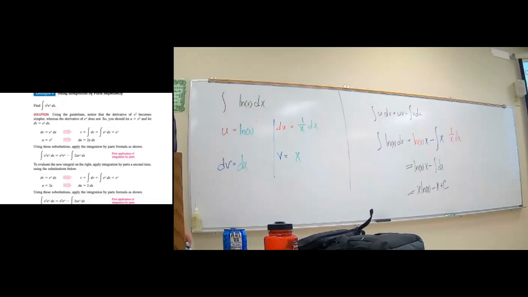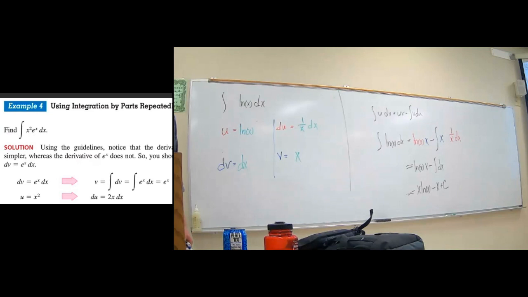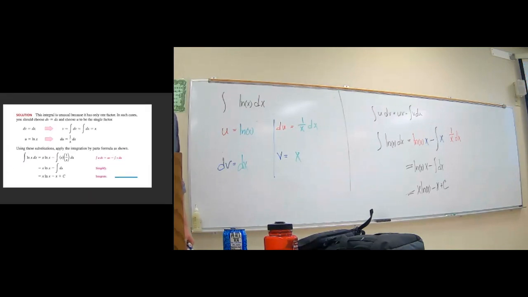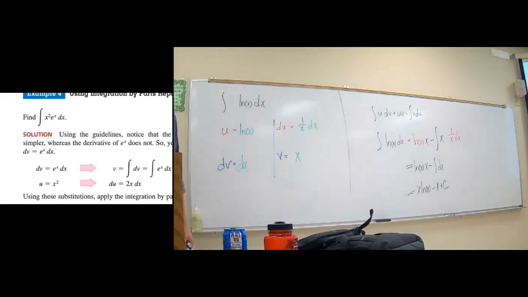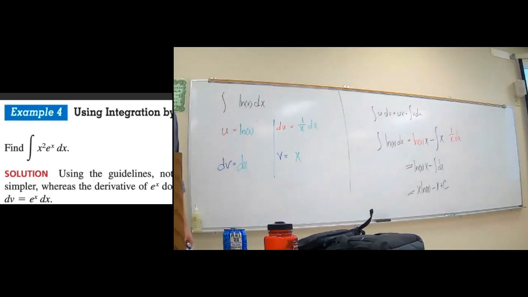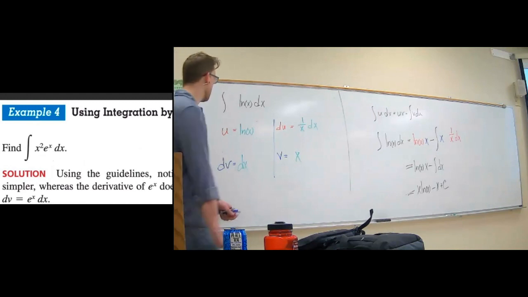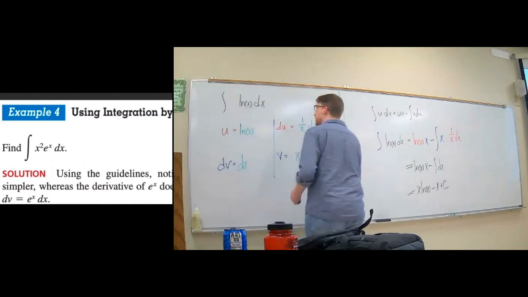All right, so new problem. I flipped the wrong slide. New problem. Now we're going to find the integral of x squared e to the x dx.